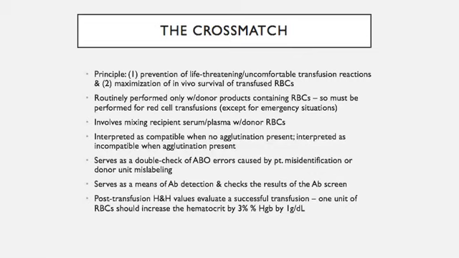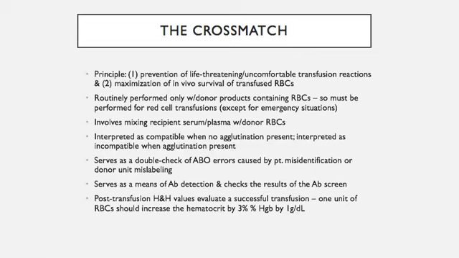In those situations, we would issue a unit of O negative blood, but that doesn't mean that we don't have to do that testing on the back end. We're going to issue the blood so that the patient can start the transfusion, so that we're helping to save this patient's life, but we're still going to do the ABO and Rh. We're still going to do the antibody screen. It just gets done after the issue of the blood in that case.